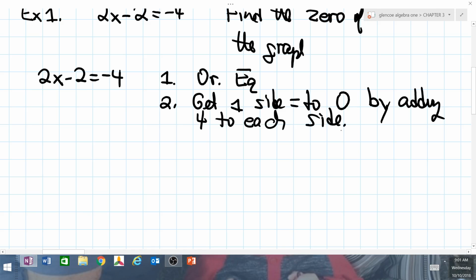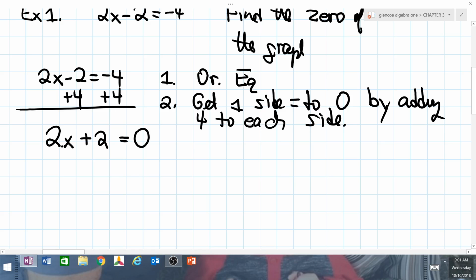So the first thing you do is you write the equation. This is a set of rules you have to follow to find the zeros. To find the zeros, you add 4 to each side. So now I have a new equation. 2x plus 2 equals 0. Are you with me? So that's your first rule.